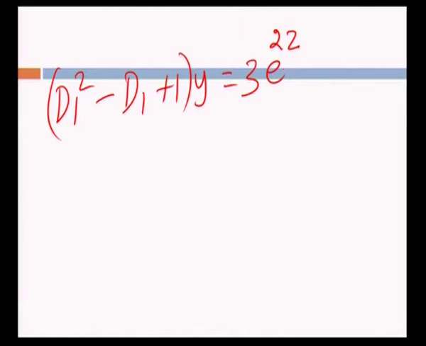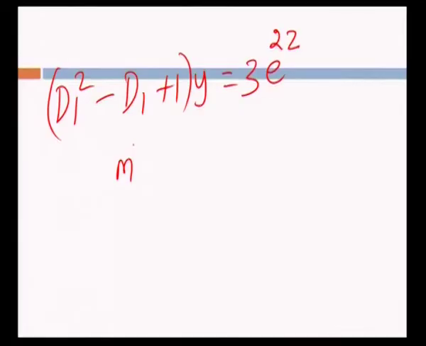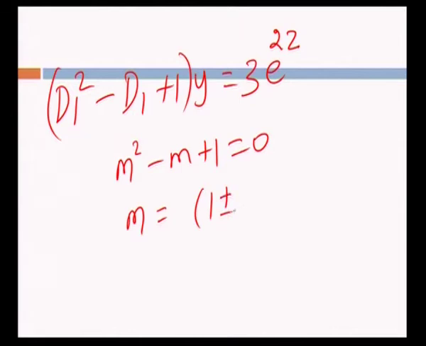Now the characteristic equation of this second order linear differential equation will be m square minus m plus 1 is equal to 0.